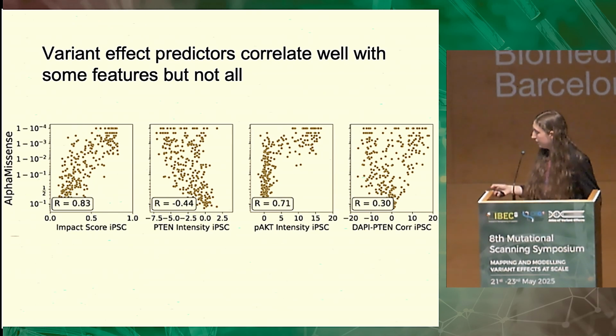And what we see is pretty good correlation with the AlphaMissense score when we aggregate that data together. However, when we look at some of the individual features that I talked about earlier, we see a less good correlation, which isn't that surprising given that these predictors are not designed to predict individual features like these.